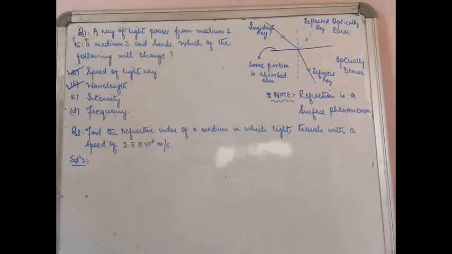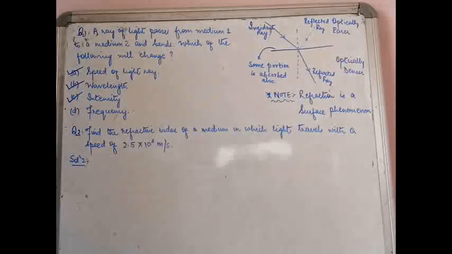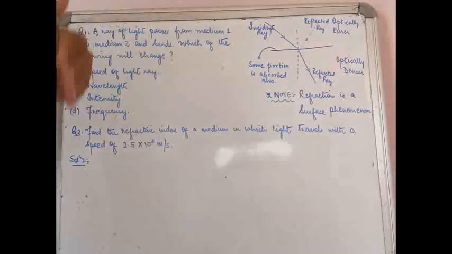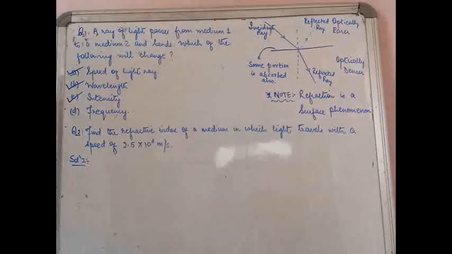The intensity of light will also drop, so it will change. Frequency is the only thing that does not change, because I told you frequency depends upon the source from where it has been generated. Once it has been generated, the frequency is not going to change whether it travels into one medium or another.